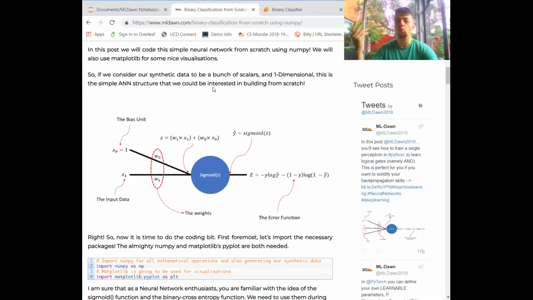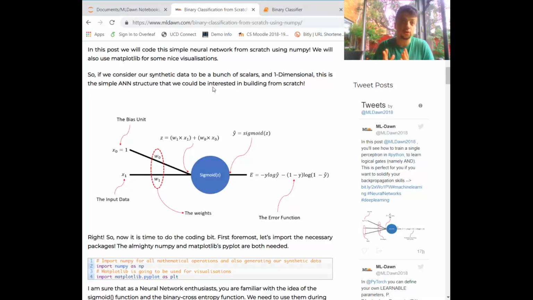Eventually you will use the binary cross entropy function to measure the performance of your algorithm. As you can see, the binary cross entropy function is a function of the prediction of your network, which is y hat, and the actual ground truth, which is y. Now, one thing I have to note here: this is not a neural network video.